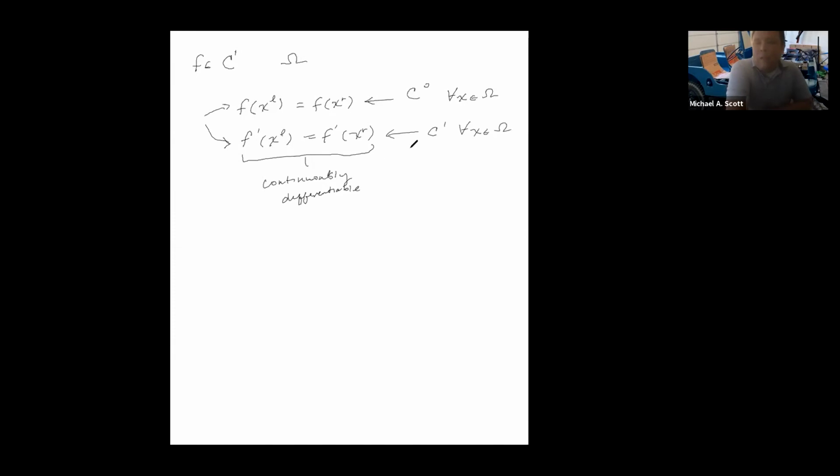Then this just keeps going down, C to the K. So these classical continuous spaces are spaces where you go to a point x and look at the limits coming from the left and the right, and if they're unique and the same for all the derivatives up to the kth derivative, then you're in CK.